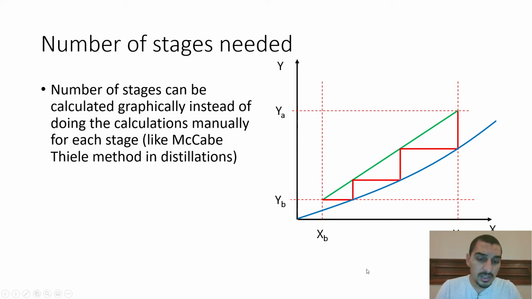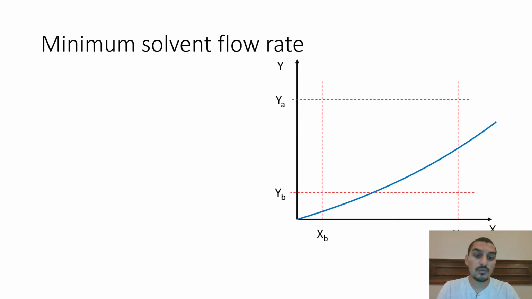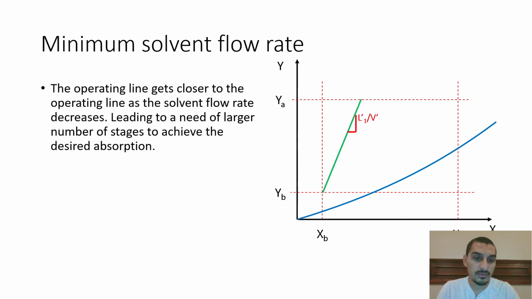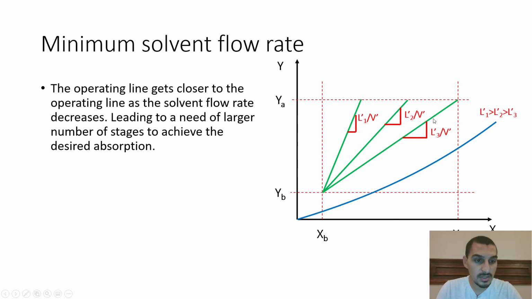One more thing that we need to mention is how we can decide how much solvent we're going to use, and this is one important thing. From the equation and from the slope, we can tell that if we have a large amount of solvent, like in this case, the slope is going to be very large. If we decrease the amount of solvent, the slope is going to decrease a little bit, and as we decrease it, it's going to be smaller, and the operating line is approaching the equilibrium curve, which means that I need more stages.